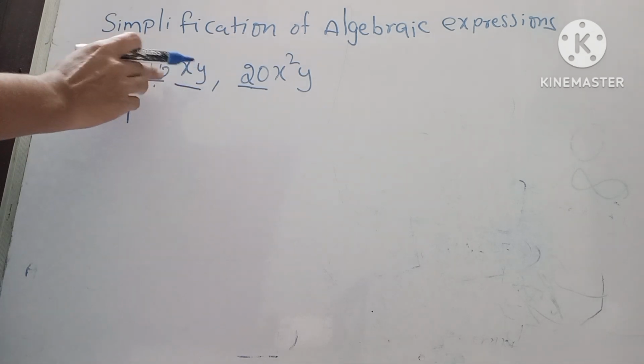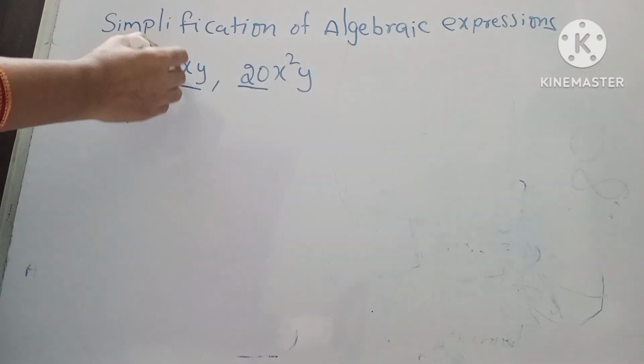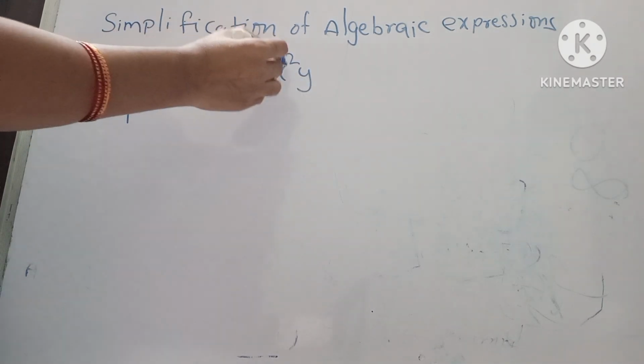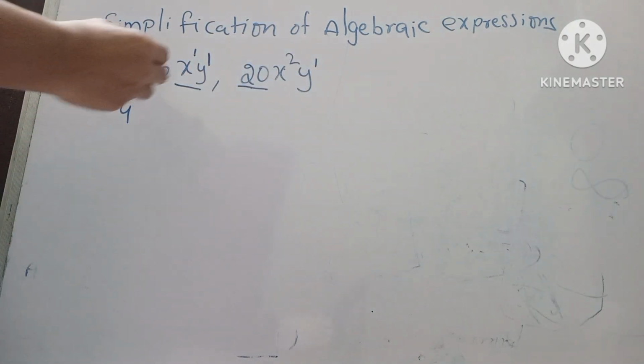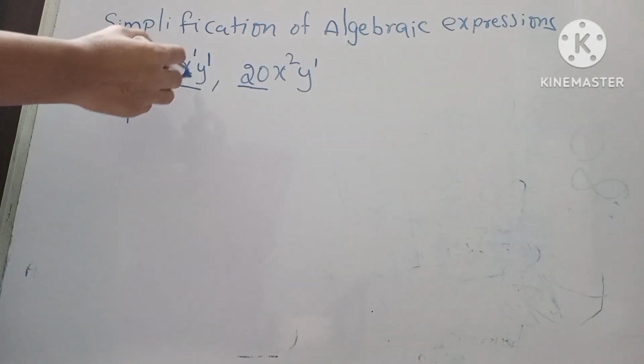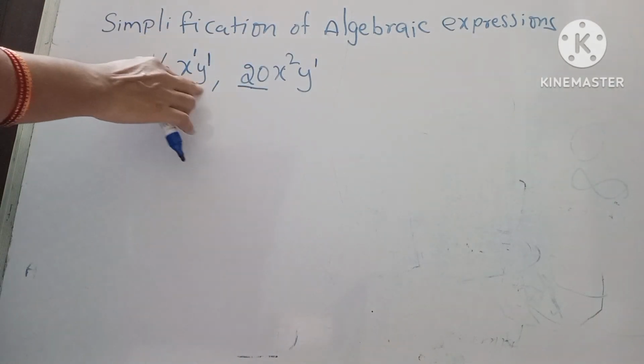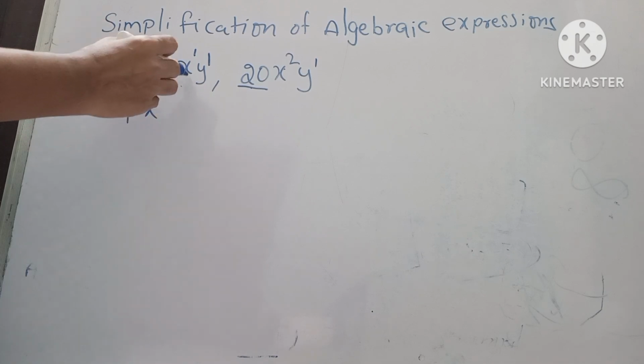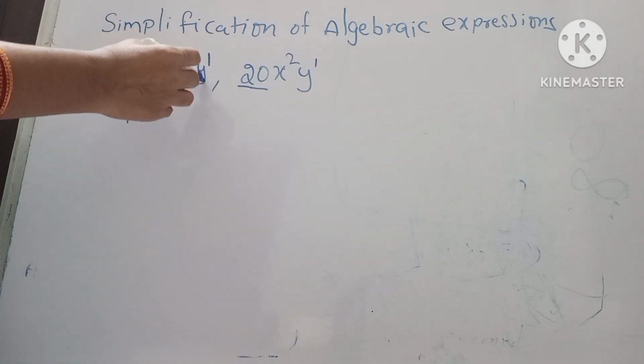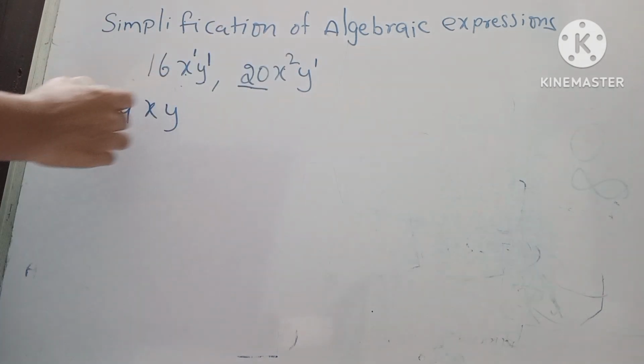Look at the variable parts, xy and x²y. ఇక్కడ x power 1 y power 1, x square y power 1. ఈ రెండింటిలో common గా ఉన్న x variables ఏంటి? x power 1, x power 2. కానీ highest common ఏముంది? x power 1 is the highest common factor. And then y power 1, y is the common factor.